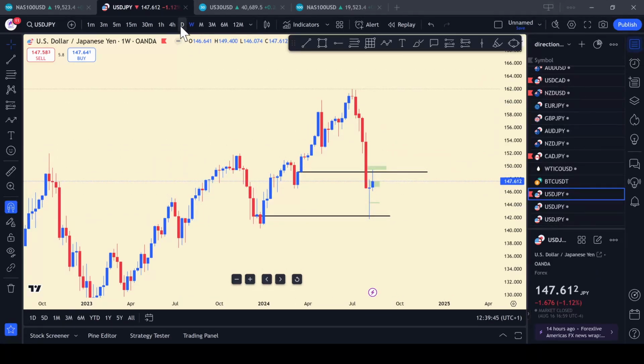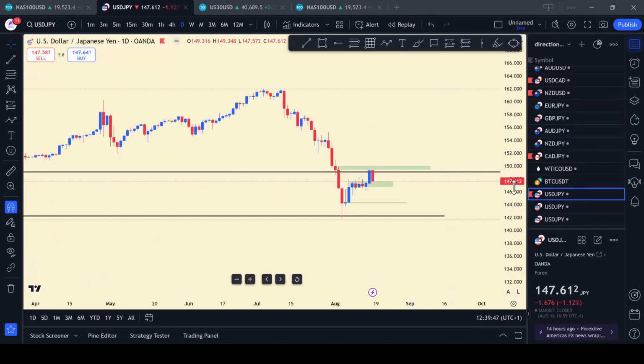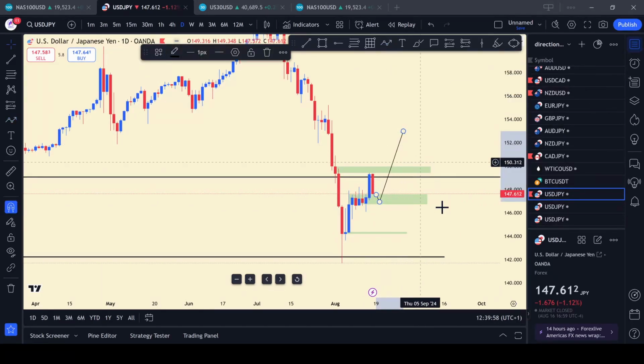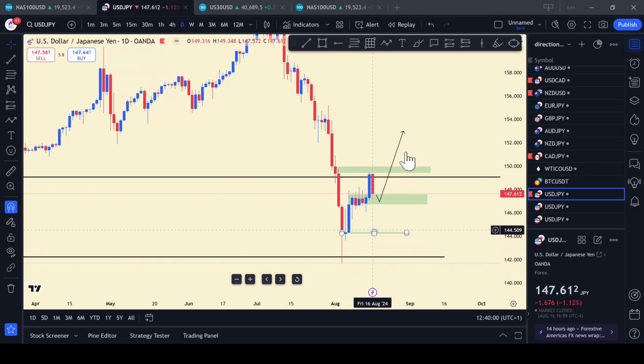Okay. So going to the daily, in this case, these are areas where you continue to load up. Trade in, we buy. Trade in, we buy.